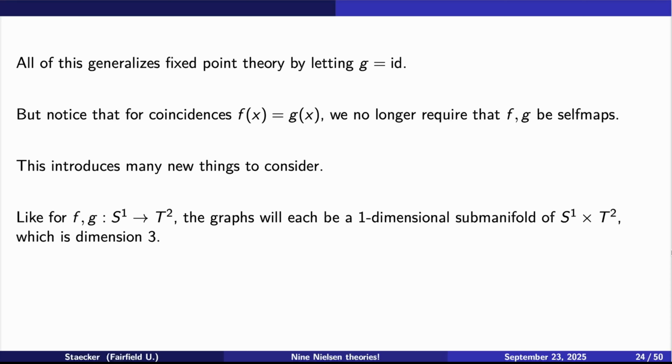And if you think about how this works out, if I go S1 to T2, this dimension 1 up to dimension 2, the graphs, these two things, they have a graph, and they will be one-dimensional graphs, but they live inside this space. We have two one-dimensional graphs inside of a three-manifold, right? S1 cross T2. This is actually T3, I guess.